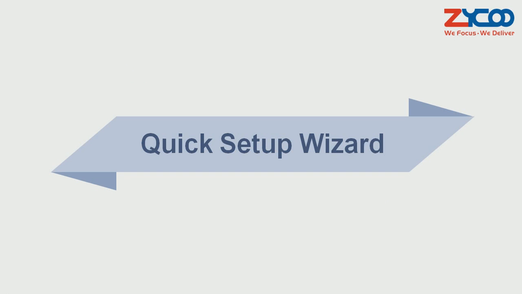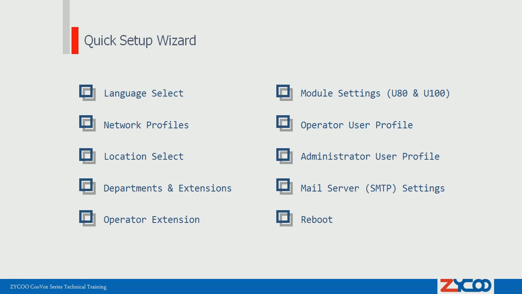First, let's take a look again at the quick setup wizard. As we can see, a lot of elemental settings could be done by going through the quick setup wizard from within the same screen, without locating the settings here and there on different menu pages.